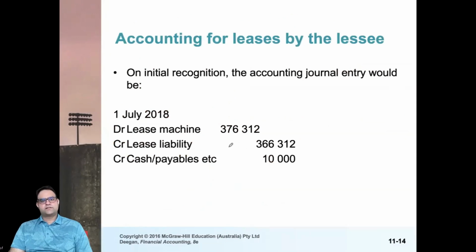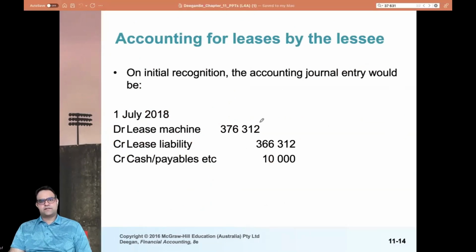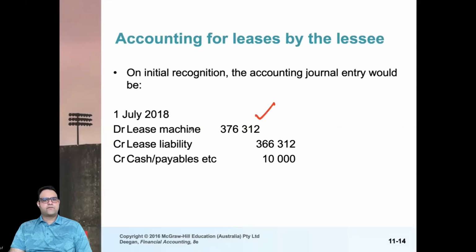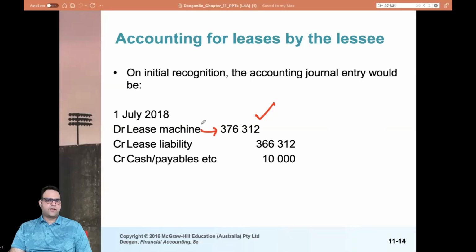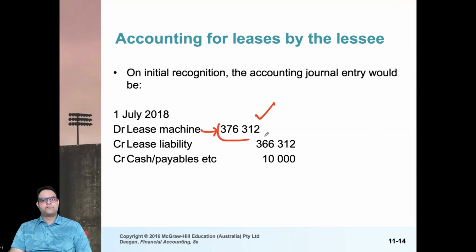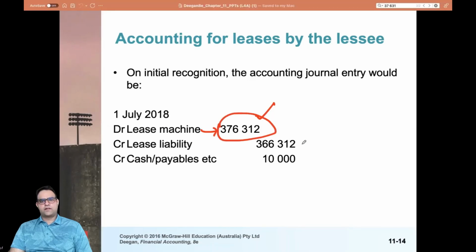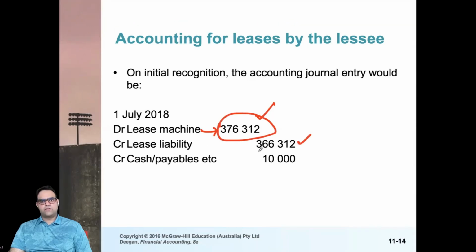Now, in our case, we already calculated the present value of all the future outflows. So first of all, whenever we buy an asset on lease, we name it like lease machine, plant, equipment, whatever we buy, that will be debit. We will credit the lease liability, that is 366,312.